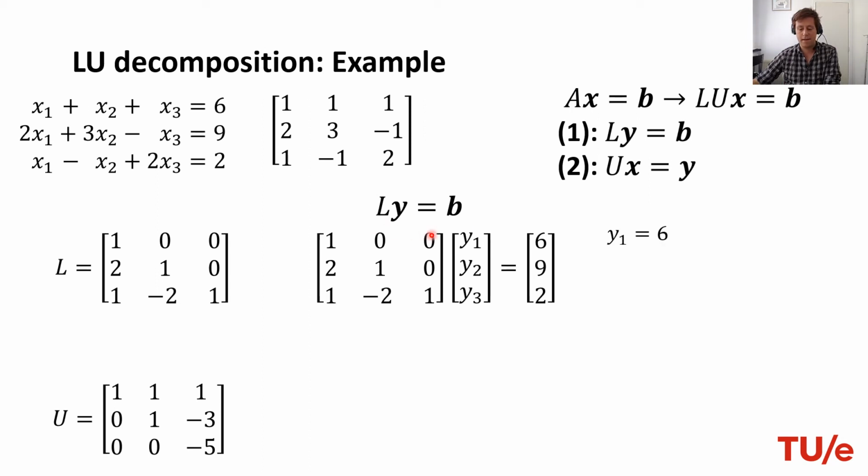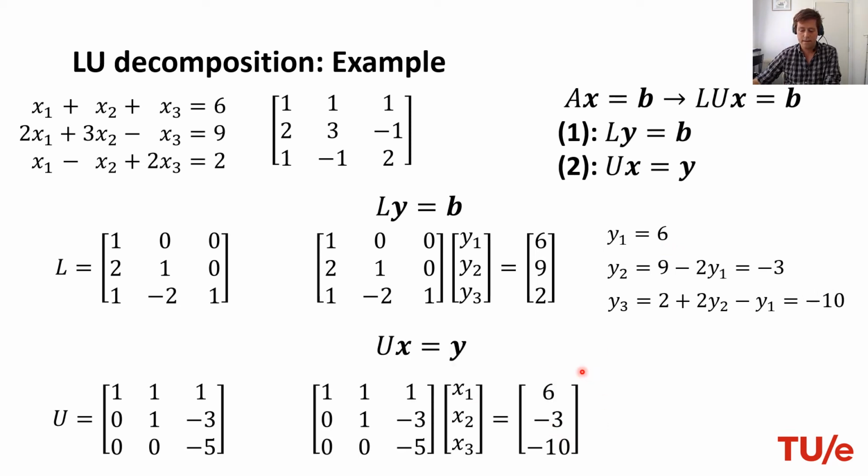So we find y1 is equal to 6, y2 is equal to 9 minus 2y1, which is 9 minus 12, which is minus 3, and y3 is equal to 2 plus 2y2 minus y1, which is 2 minus 6 is minus 4, minus 6 is minus 10. So we found that this auxiliary variable y is equal to (6, -3, -10).